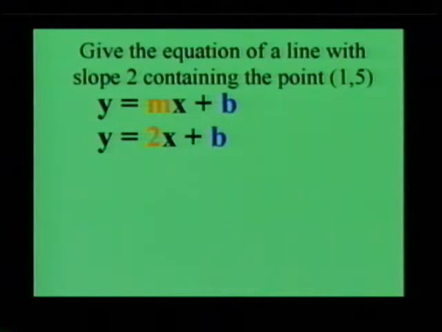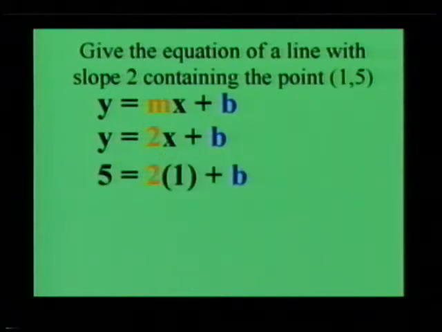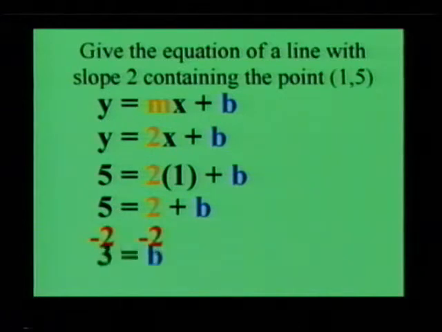But we have another hint, that this point 1,5 fits. So let's plug it in. Remember that 1 goes in for the x, and 5 goes in for the y, and see if we can solve for b. Well, 2 times 1 is 2, so if 5 equals 2 plus b, if we subtract 2 from both sides, b must be 3.